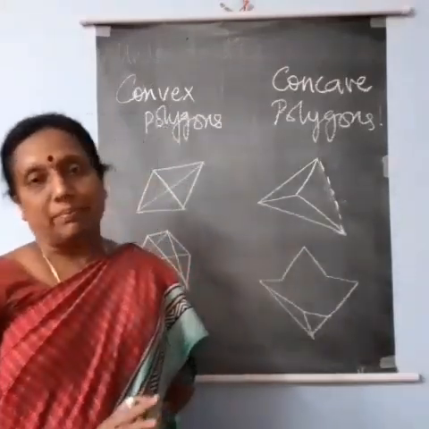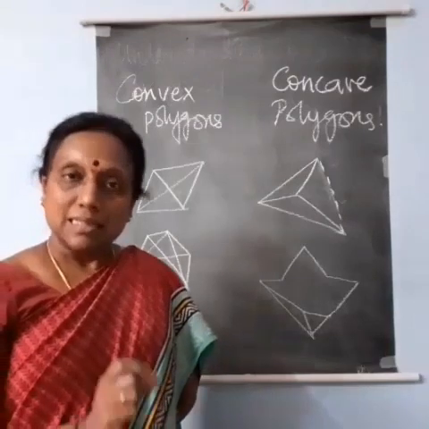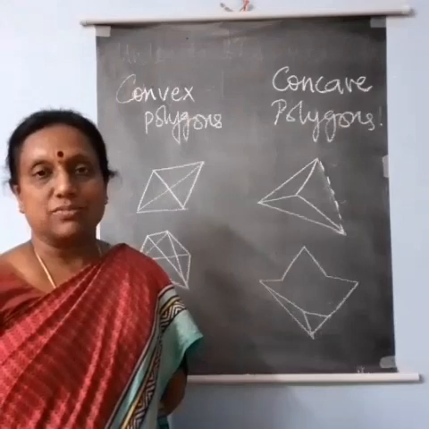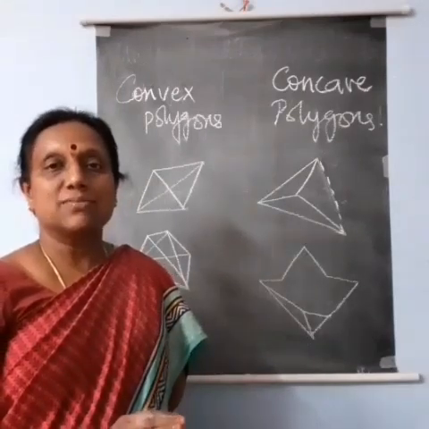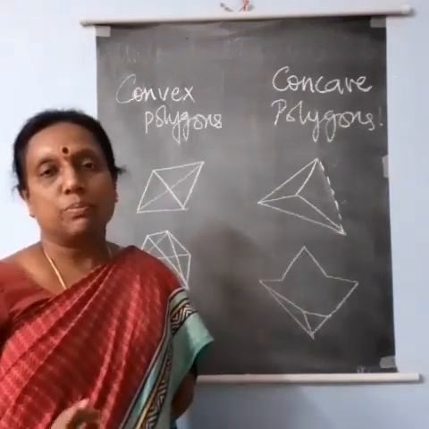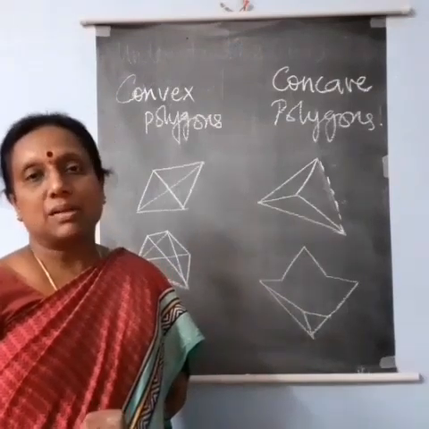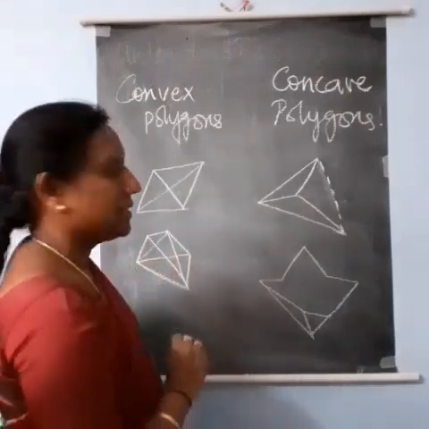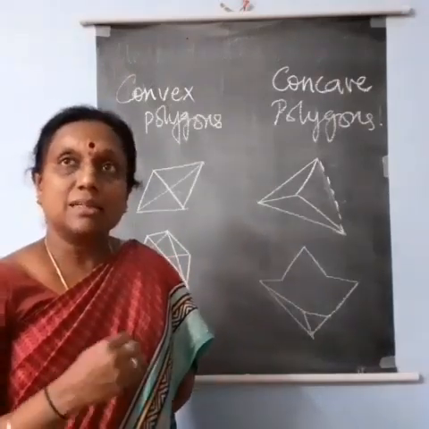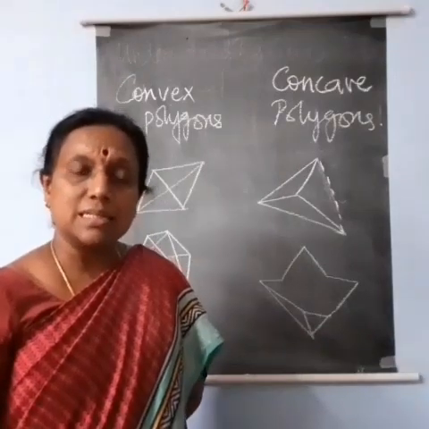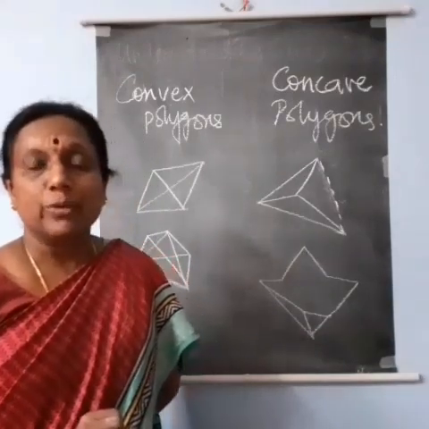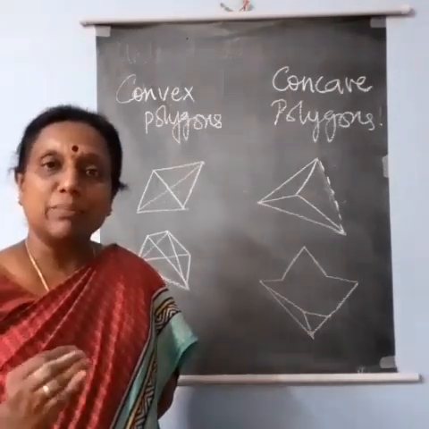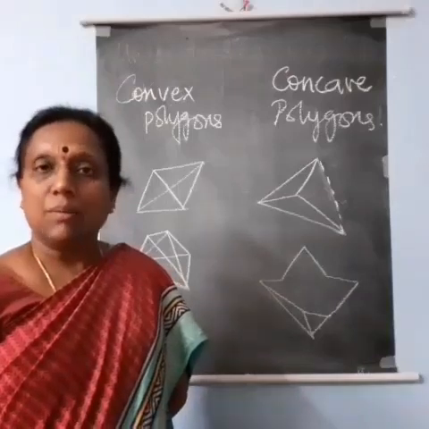Okay, let us recap. What did we learn? We learned simple closed curves and not simple closed curves, and open simple curves and not simple open curves. Okay, so these are all figures that we learned earlier. Now, when the closed curves consist of only line segments, we have polygons. Yes, and polygons, based on the number of sides, we classified the polygons.